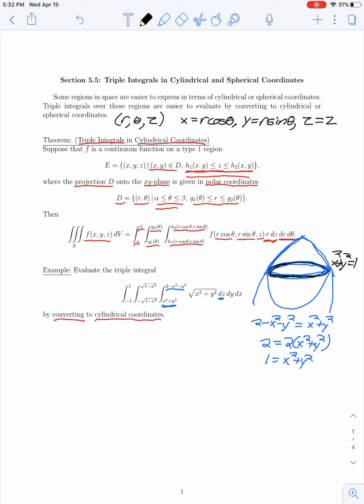Now, if we were to take this solid region and project it onto the xy plane, let's see what our plane region of integration would be for the outer double integral. If we project this solid onto the xy plane, we get a disk of radius 1.